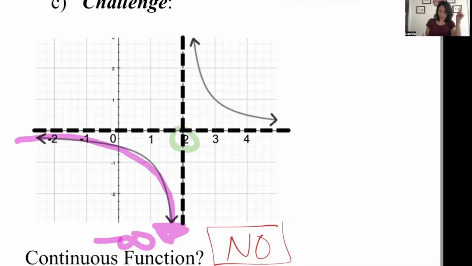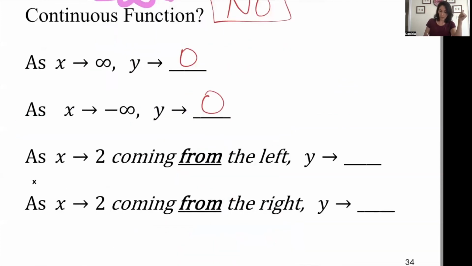So that is going to be different from approaching the function coming from the right. So I'm looking over here. As I'm approaching that x value 2, it's going up to positive infinity. Okay, so again, as x approaches 2 coming from the left, it's negative infinity. And as x approaches 2 coming from the right, it's going to be positive infinity.